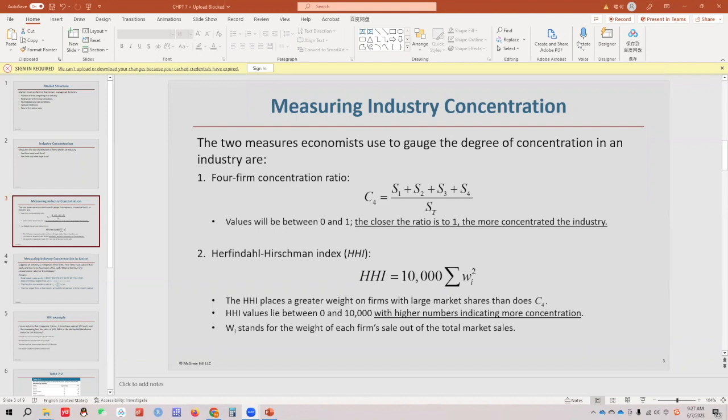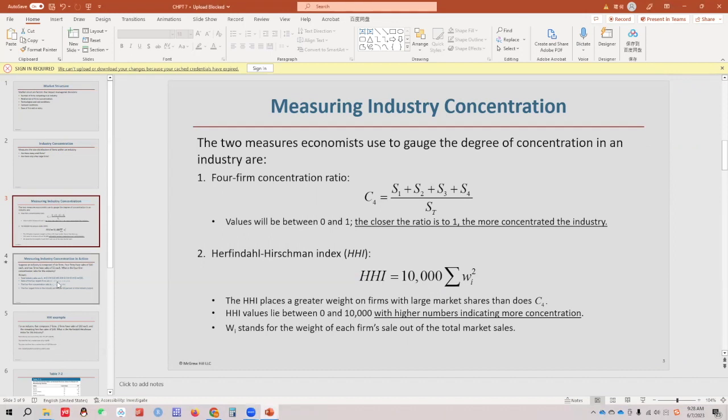I'll give you an example later on. And this HHI index lies between 0 and 100, or 10,000, with higher numbers indicating more concentration. The higher it is, the more the majority of the industry is captured by a few leading firms.